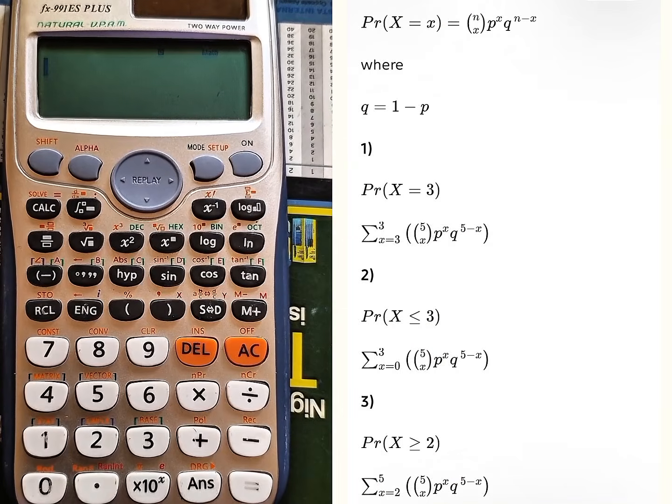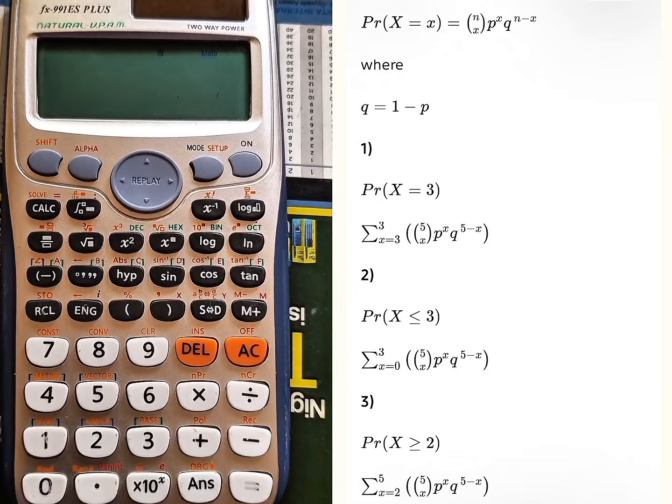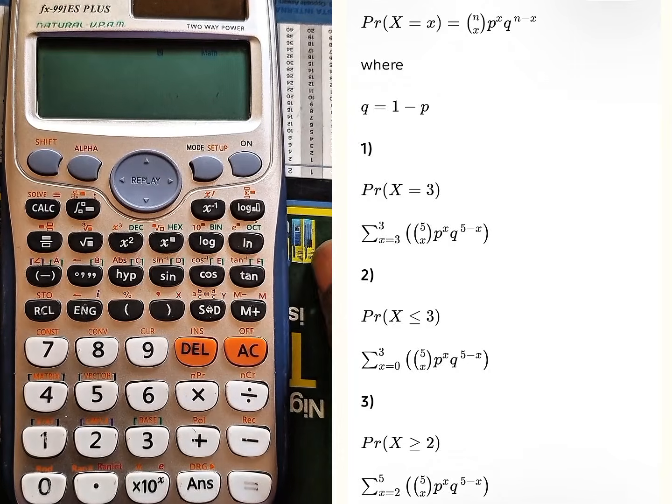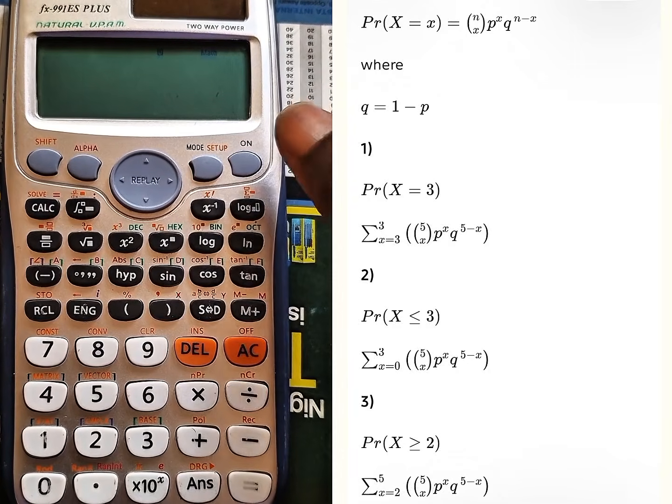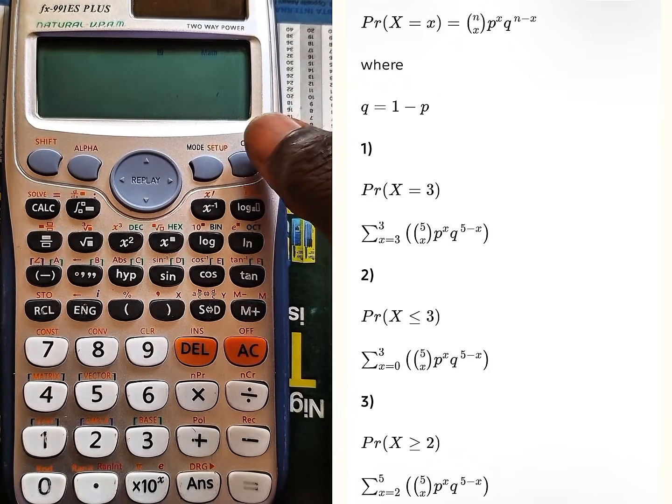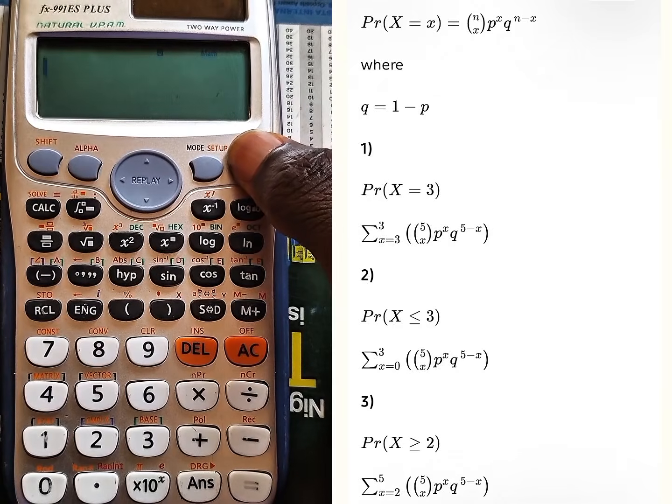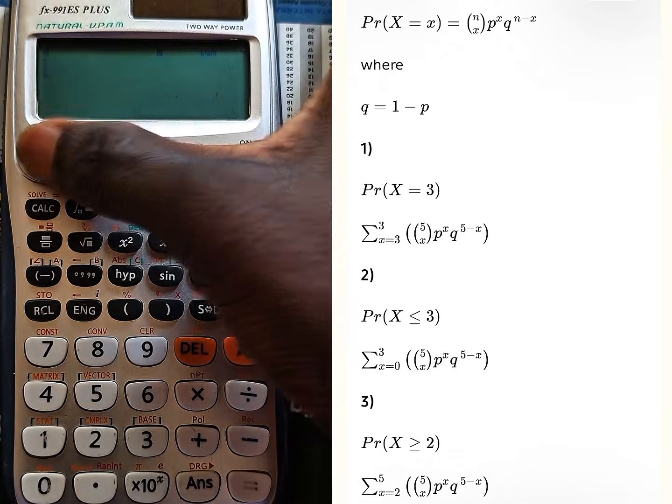Now, when you want to calculate this kind of question using a Casio calculator, on question 1, the formula for binomial distribution is the one displayed on the screen here. For us to solve it using a Casio calculator, first we press shift.